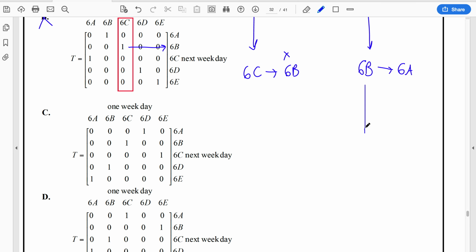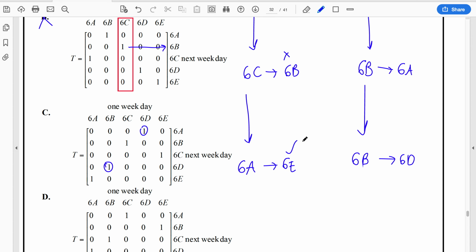If we've got this one, Thursday, 6B. So again, I might just pick up speed a little bit. 6B, there's our 1, it goes to D. 6D, there's our 1, goes to A. So that's the Monday. And I'm at 6A. 6A goes to 6E the next day.